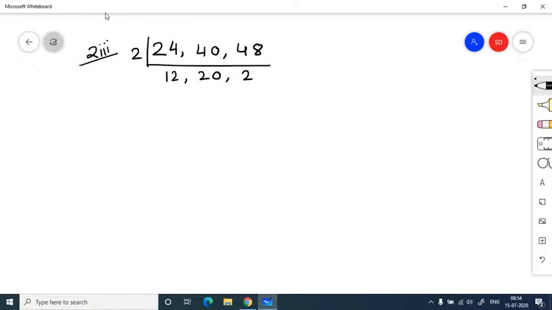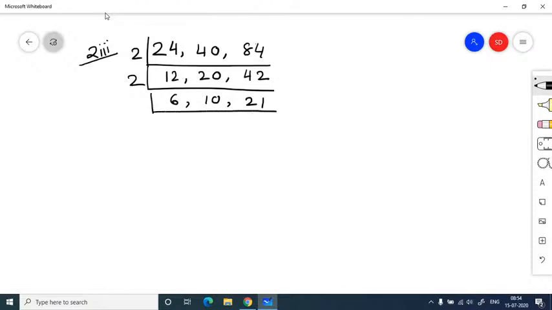So this is 42. 2 6s are 12, 2 10s are 20, so it's 21. So I will go on dividing until we have something to divide. Whatever is not divisible, I will just bring it down as it is. This is a more secure way of doing it. See, 2 1s are 2, 2 5s are 10, 7 is not divisible.